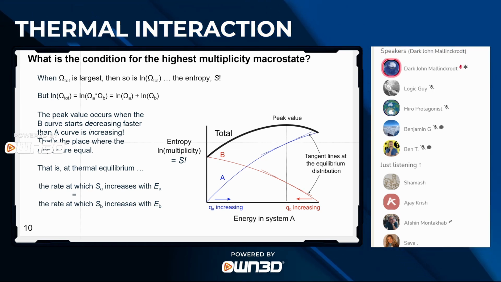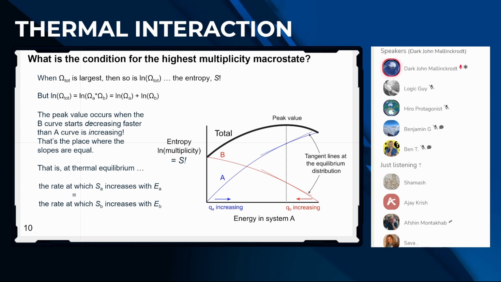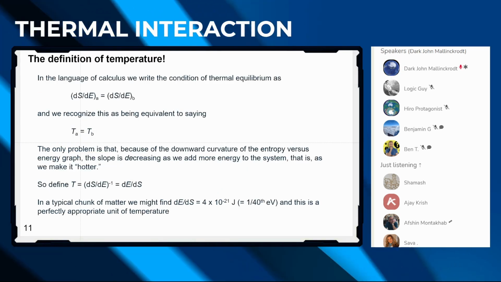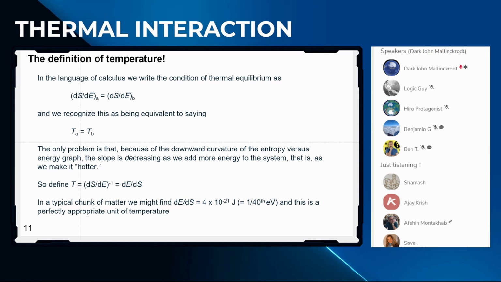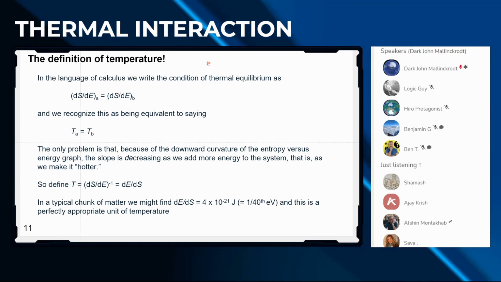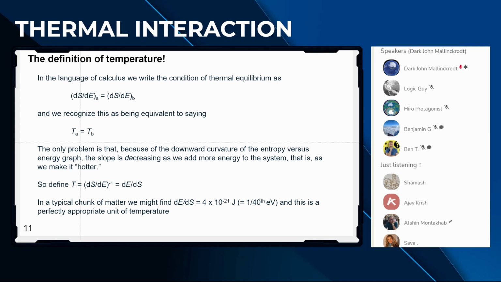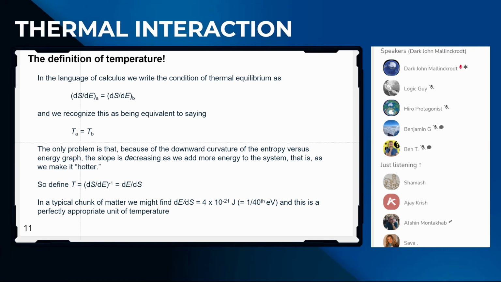What we mean here is that the derivative of the entropy with respect to energy, that's the slope of the entropy versus energy curve for A, has to equal that same derivative for B, the derivative of the entropy of B with respect to its energy, at the place where the total multiplicity maximizes, which will be the most likely macro state, the most likely partition of energy.